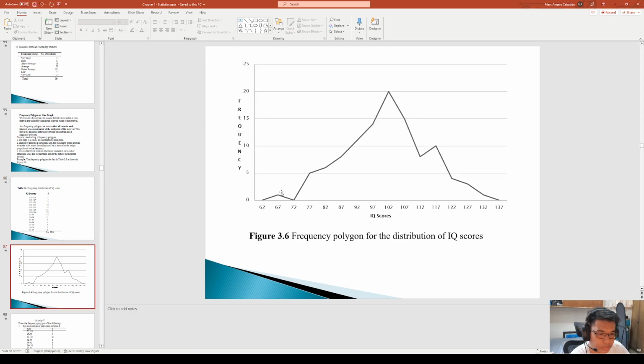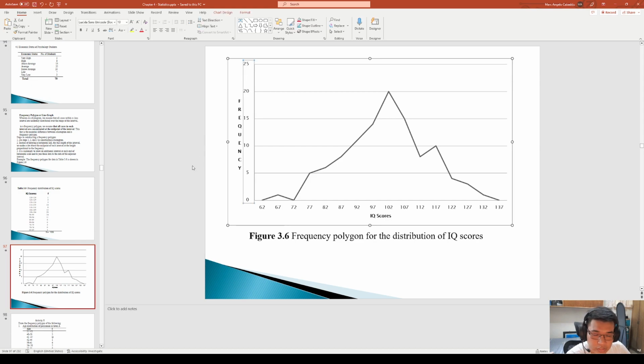Okay, so this time it's the same. Remember, the y-axis is the frequency and the x-axis is the category. Okay, this time yung category mo ay of course your class interval. Okay, remember na dapat ang nakalagay dito ay instead of the upper limit and lower limit, it should be the class mark. Okay, so yung average.